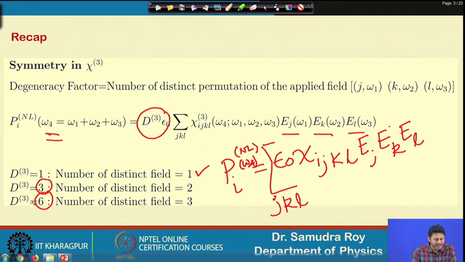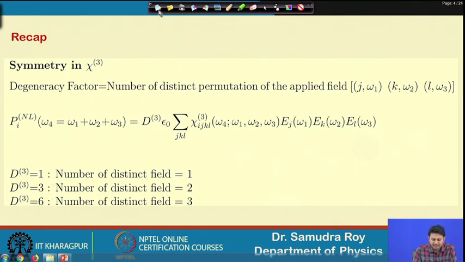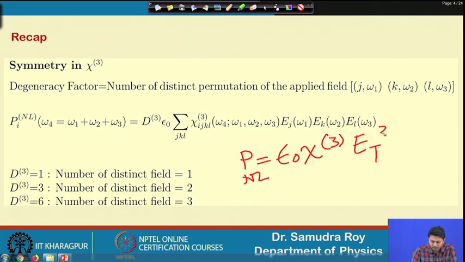So, this term will appear several times when we do the calculation, and we can understand why very easily. If I write the nonlinear polarization in scalar form, which is very effective as I mentioned several times, it should be E total whole cube.